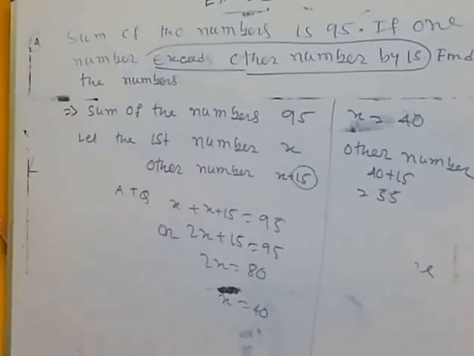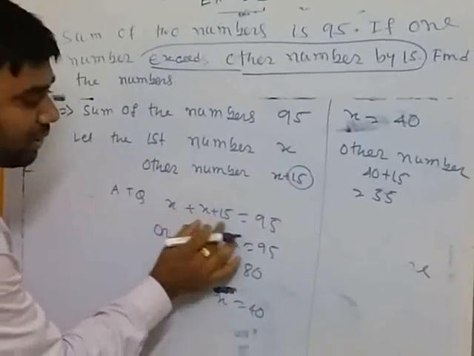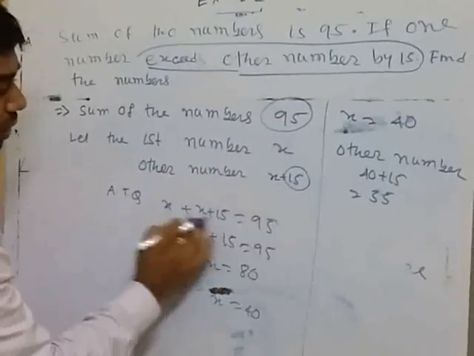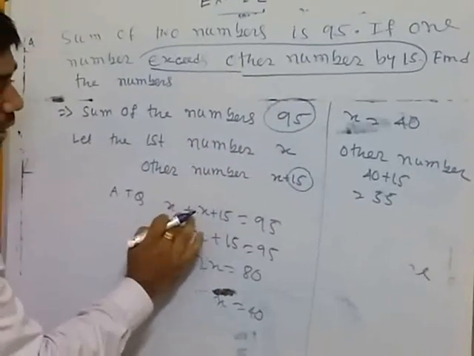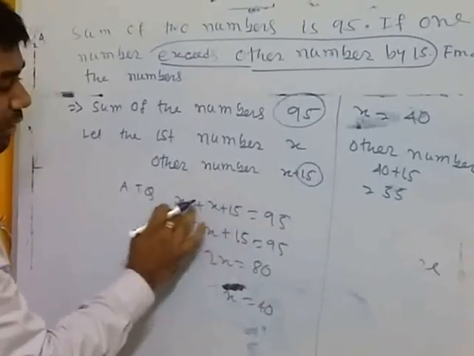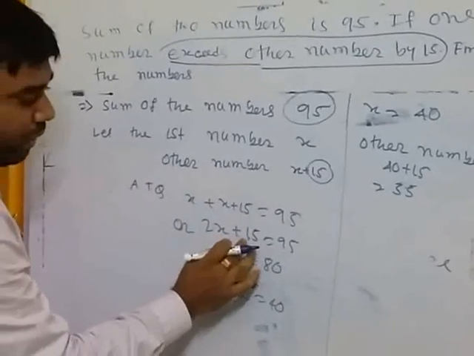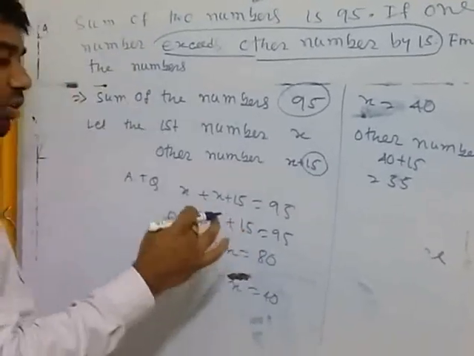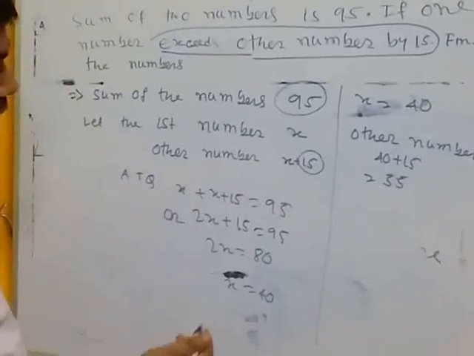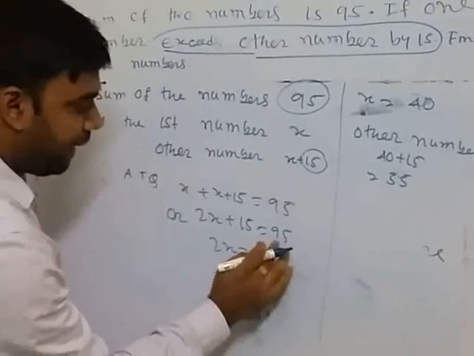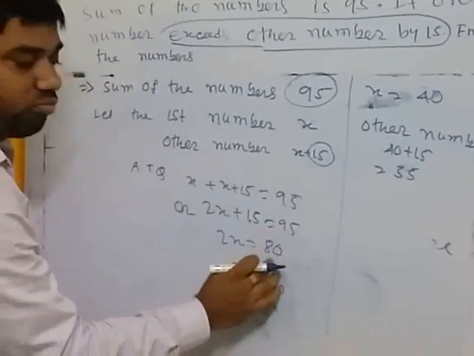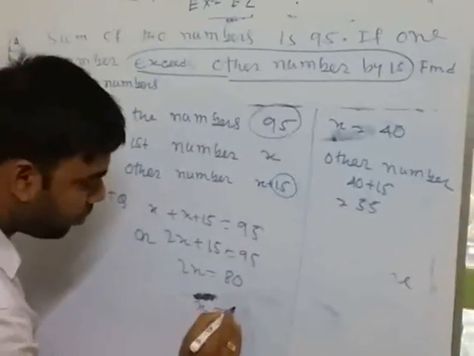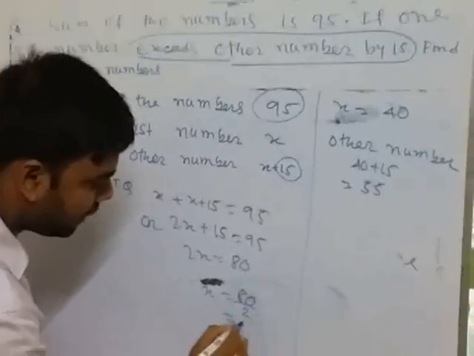Now the sum of these two numbers means first number plus second number, and the sum is given as 95. According to the question, x plus x plus 15 equals 95. X plus x is 2x. Transposing that 15, we get 95 minus 15, that is 80. 2x equals 80, so x equals 80 by 2, that is 40.